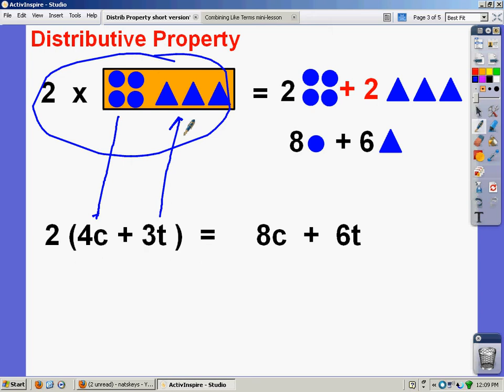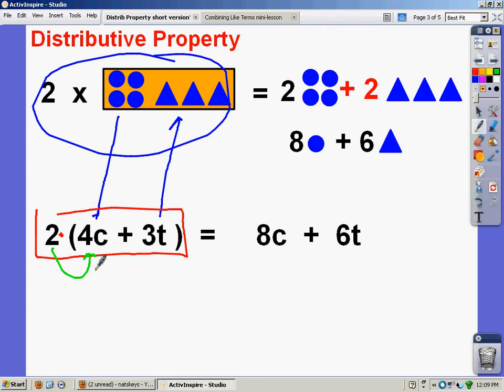So mathematically, I could rewrite the original picture as 2 times parenthesis 4c plus 3t. Now, applying the distributive property, let's see what we get. Since I have 2 times this group, that means each member inside the group gets multiplied by 2, whatever's in front of the parenthesis.